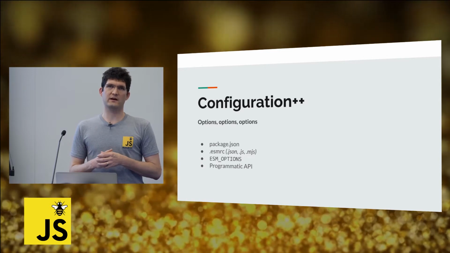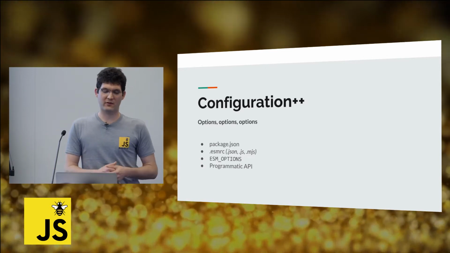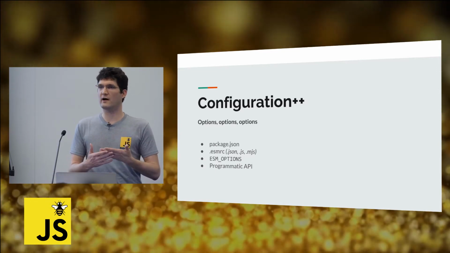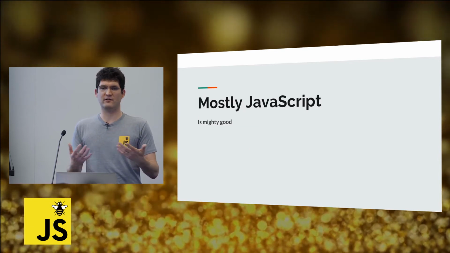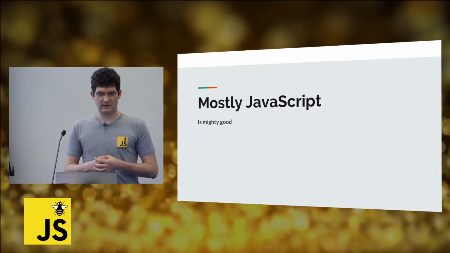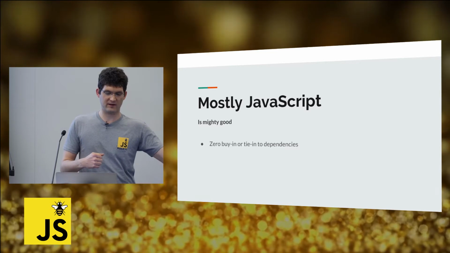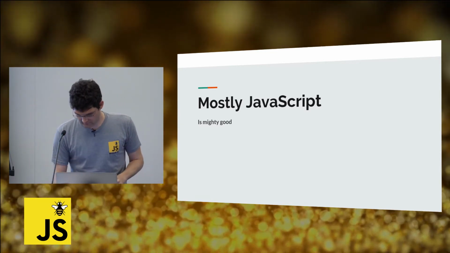If you're running something like Quokka, which I'll get into in a later example, they use the ESM options environment variable because they're running Node in the background and they want this thing to be configured without the user having to provide a configuration. And then the programmatic API, because let's say you're creating a loader instance and you want one loader to have these options and another instance of the loader to have another set of options. So it allows you to do that.